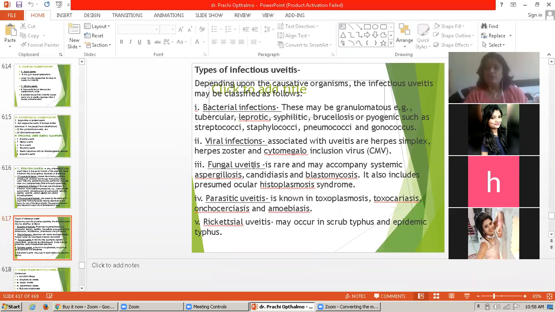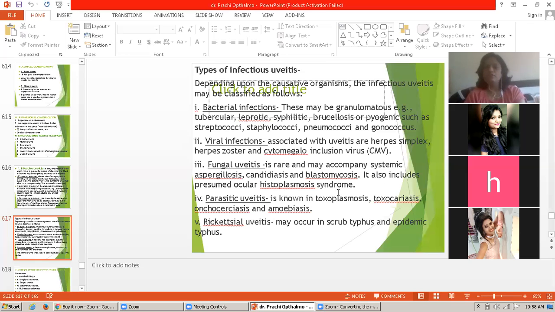Then the fungal uveitis. It is rare and may accompany systemic aspergillosis, candidiasis, and blastomycosis, and it also includes presumed ocular histoplasmosis syndrome.